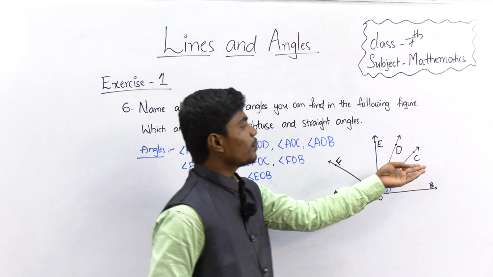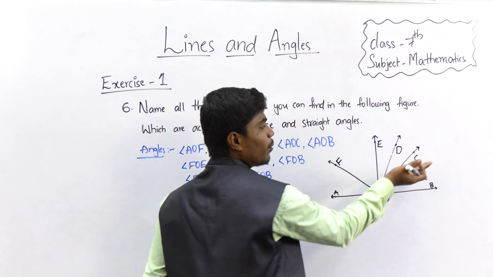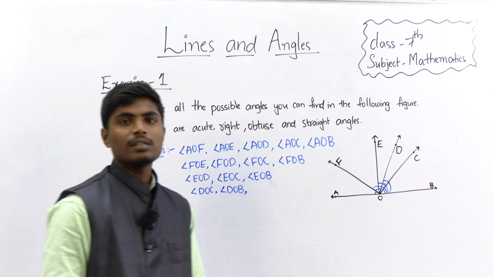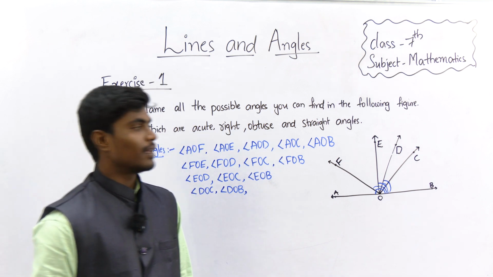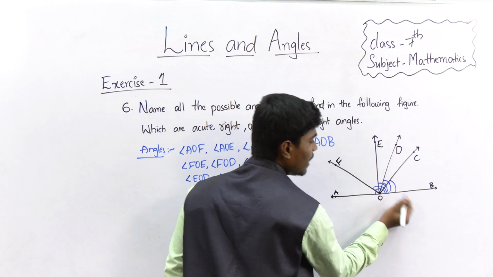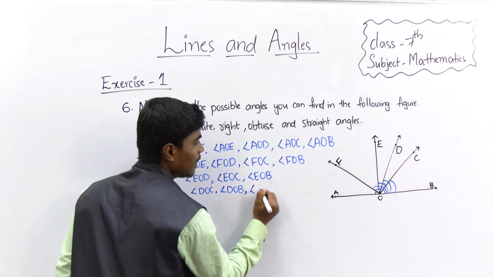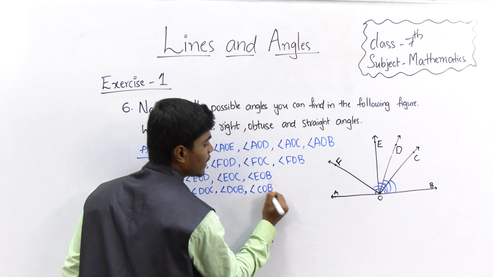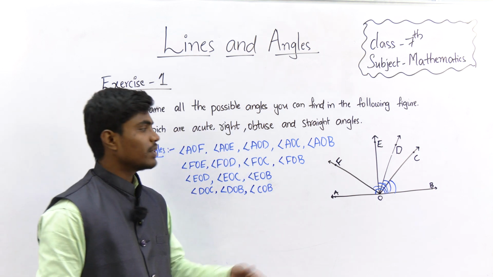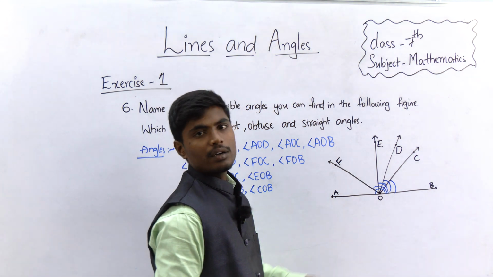Now let's take point C. After point C, there is only one point which is B. Means there is only one angle, which is COB. So angle COB. These are all the possible angles which are formed in the figure.